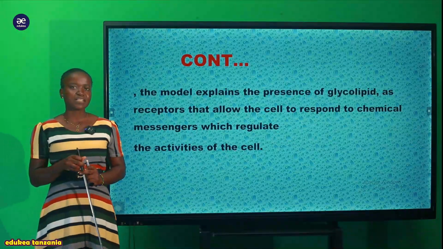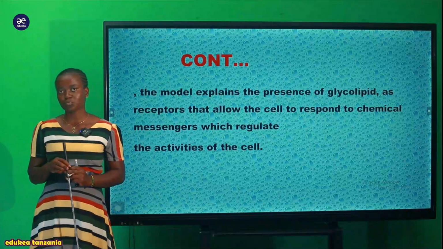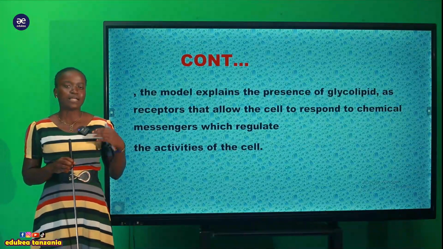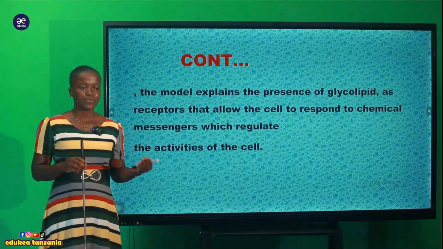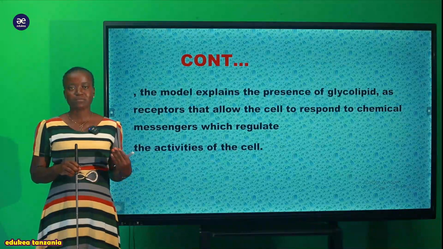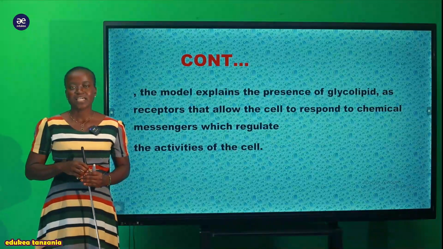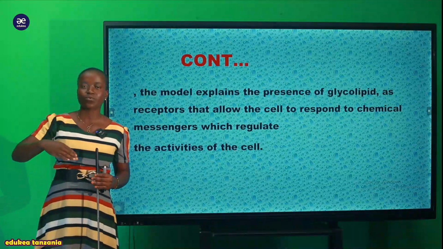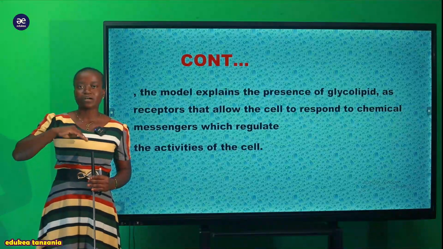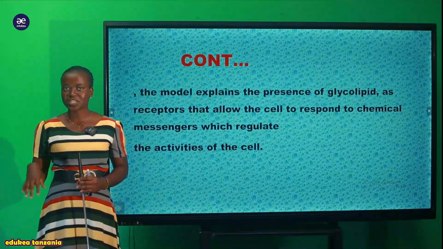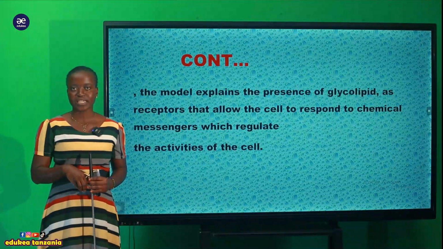Remember, while we were discussing the Daniel-Davidson model, we were looking at the weakness of that model. Wakasema kwamba hawakuelezea kivipi cell inaweza kugundua in the outside environment there are different materials that are needed to enter in.